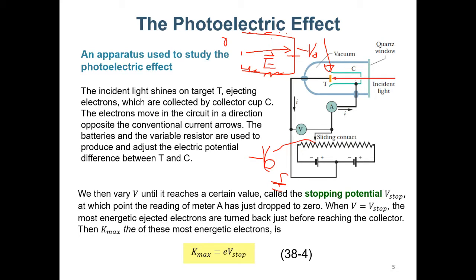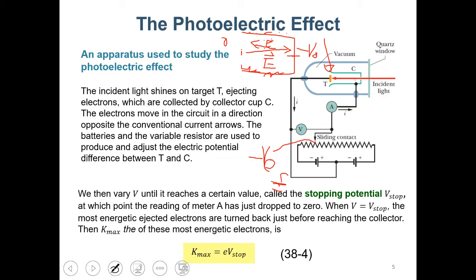In this case, the electron is a negatively charged particle, which means that if it is trying to move from the T to the cup, there will be a force acting to the left on the electron. So the electron will become slower and slower.